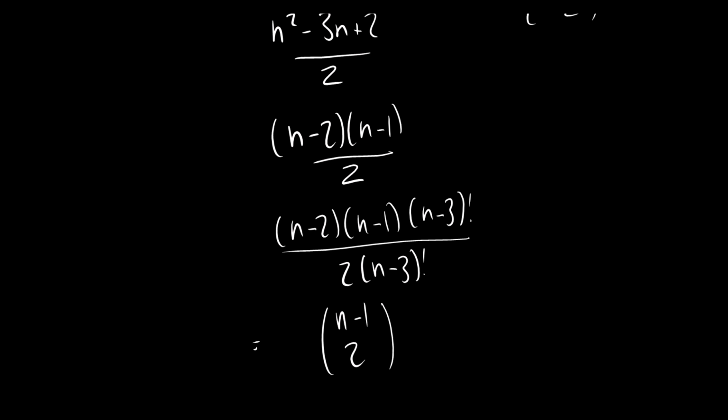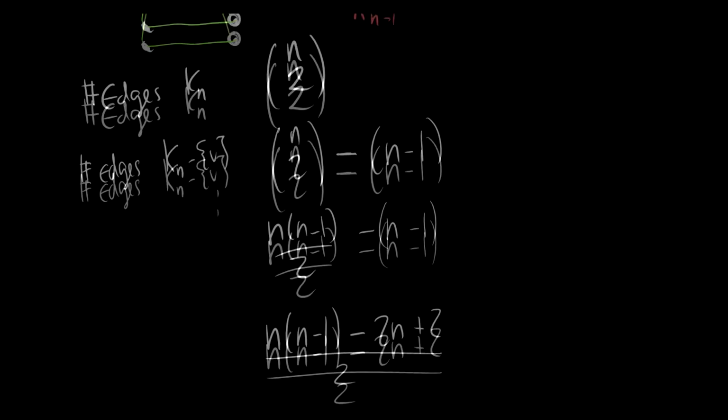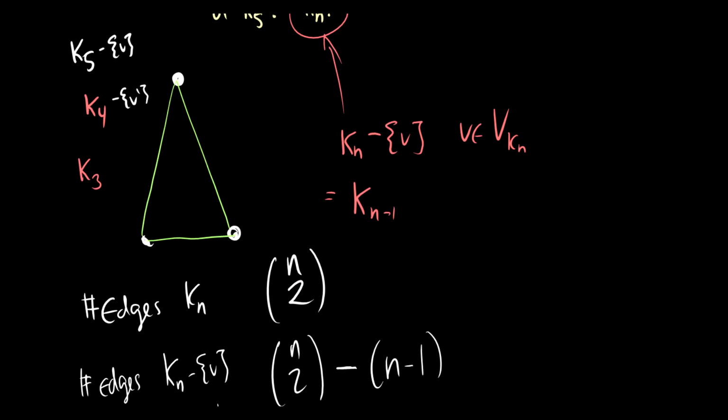So, we have proven both graphically and mathematically that the number of edges in Kn minus some vertex and all of its incident edges is equal to the number of edges in Kn minus 1. So, when you take any induced subgraph of Kn, you just get a smaller complete subgraph.